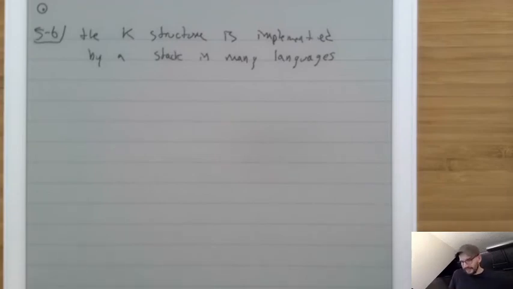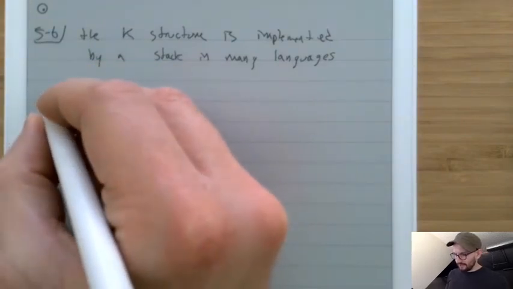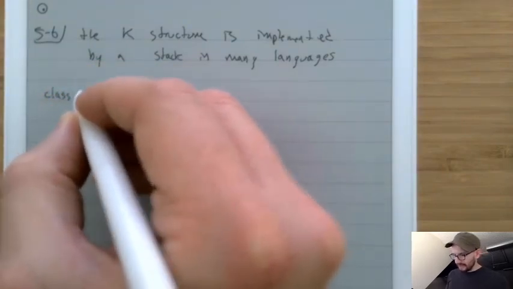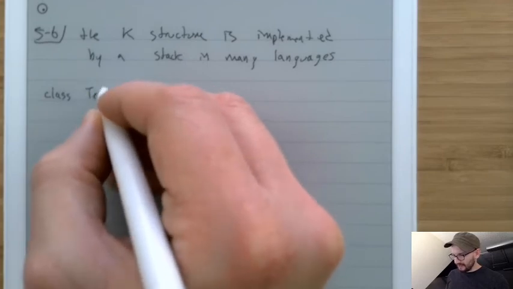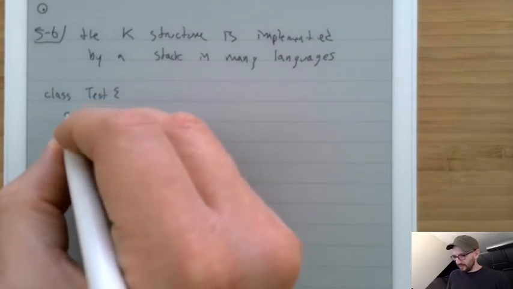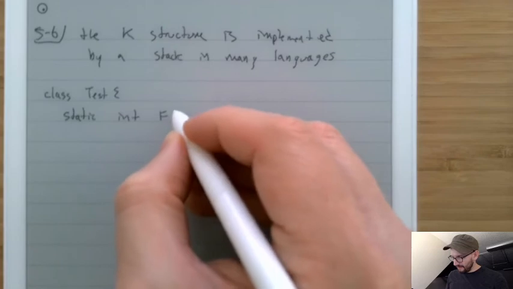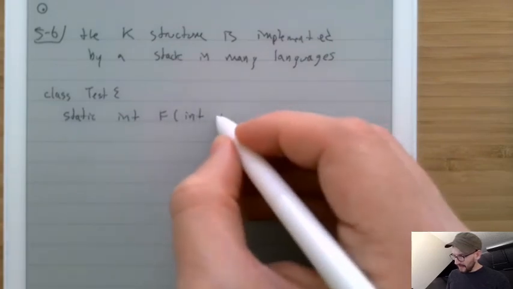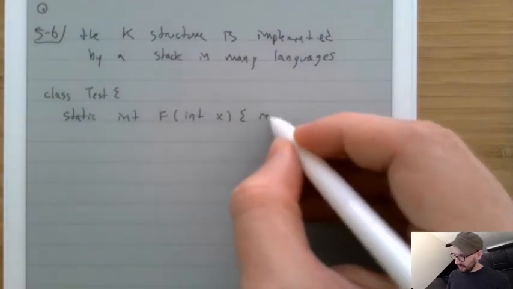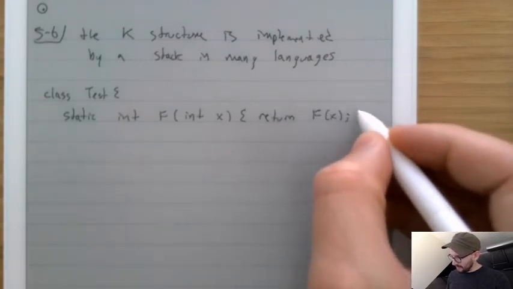Now, if you're using a language like JavaScript or Java or Python, try to write a program like this. I'm going to write a program in Java. Class test, and then there's going to be a static function, static int f, and it takes one argument, x. What it does is return f of x.